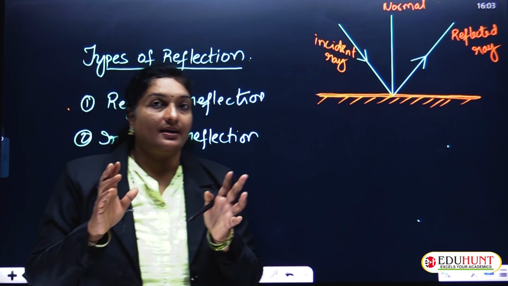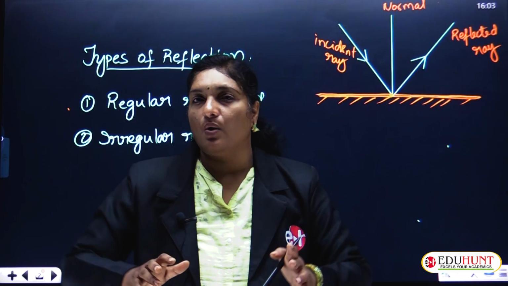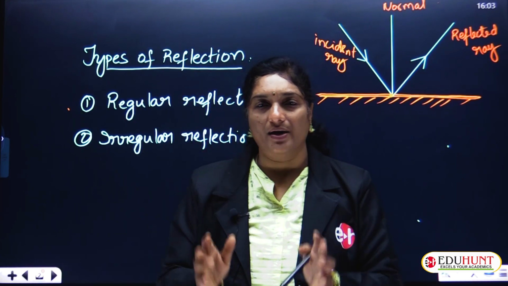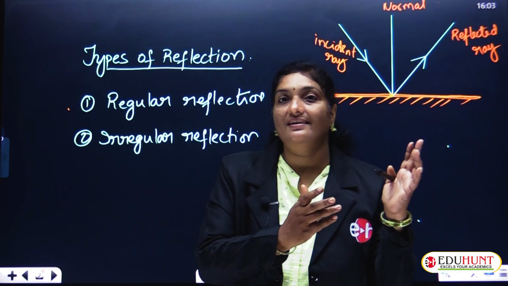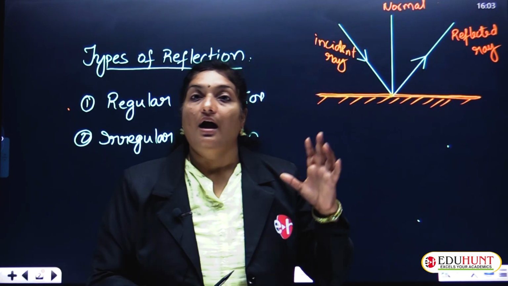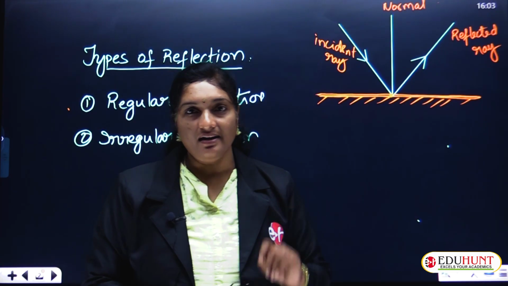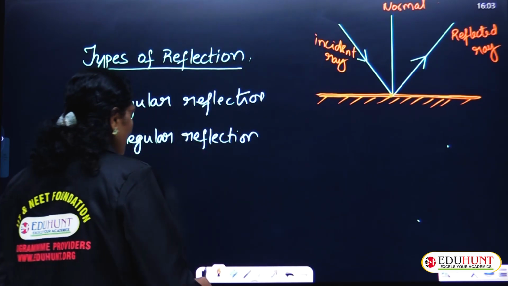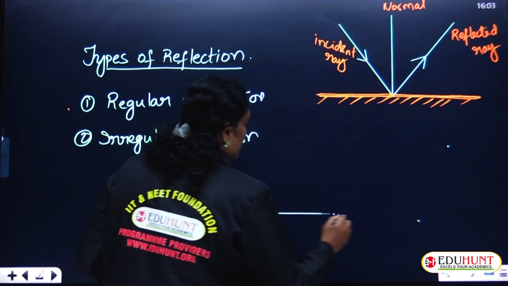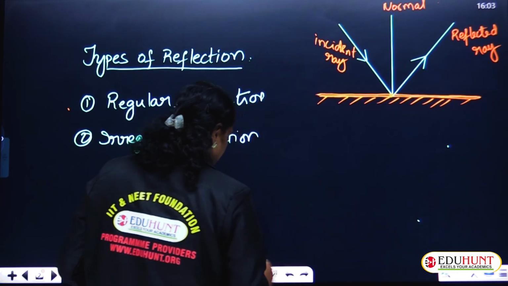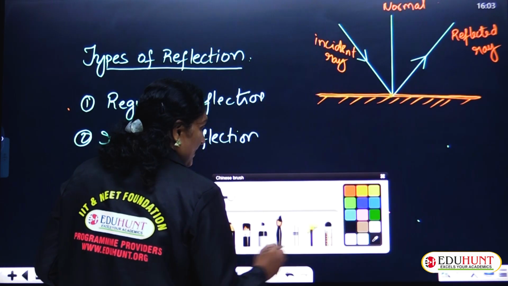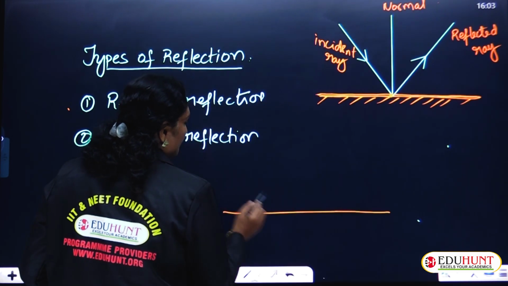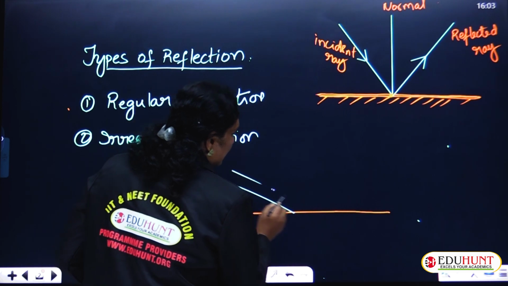The light ray after striking a very highly polished and smooth surface, that reflected light is called regular reflection, and the shape of the regular reflection will be something like this. Let this be the surface, and the regular reflection will take the form of exact parallel lines.